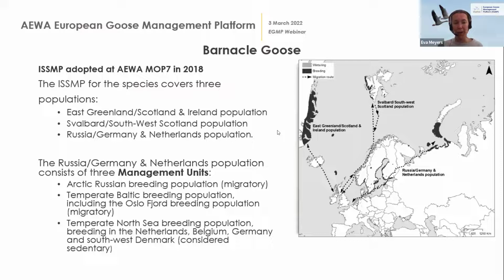Within the Russia, Germany, and Netherlands population, given the different migratory and sedentary behaviors, 3 management units have been defined, which helps in the implementation to tailor some of the activities or measures specifically to certain parts or management units of the population.